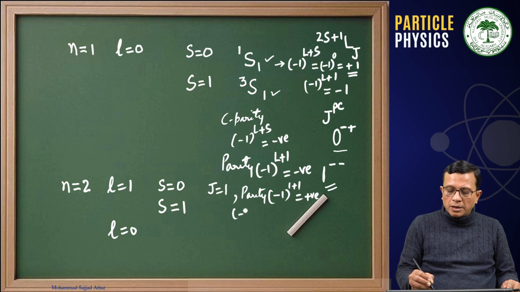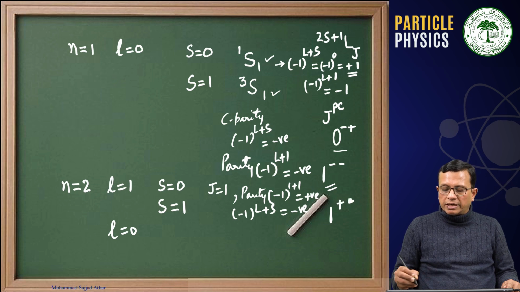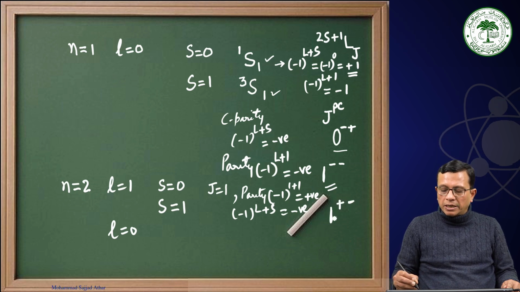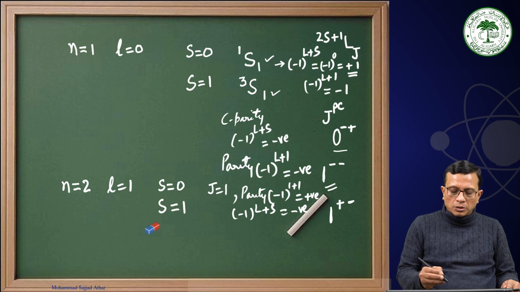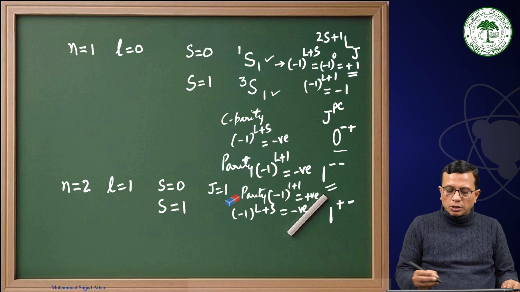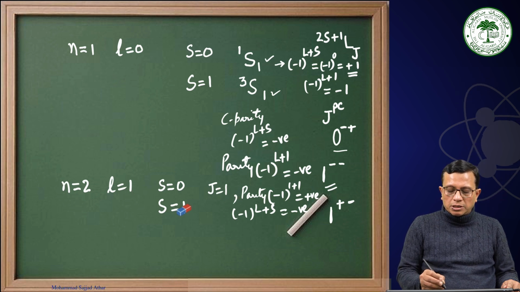And C parity, minus 1 to the power L plus S, with L is 1, S is 0, is minus 1 to the power 1 plus 0, that is negative. Therefore J is 1, parity is positive, and C parity is negative. This state is represented by 1 plus minus, for n equal to 2, L equal to 1 and S equal to 0. Then we have L equal to 1, S equal to 1.